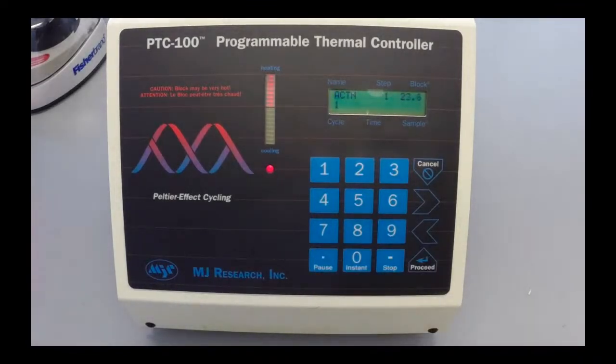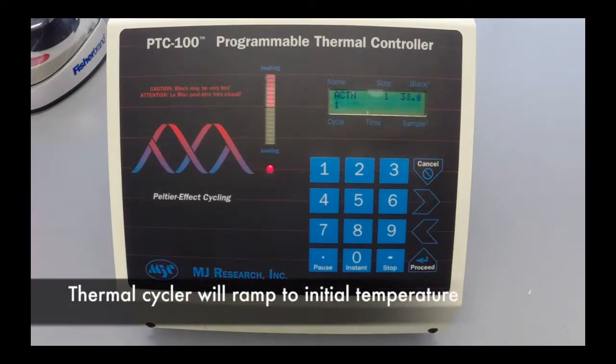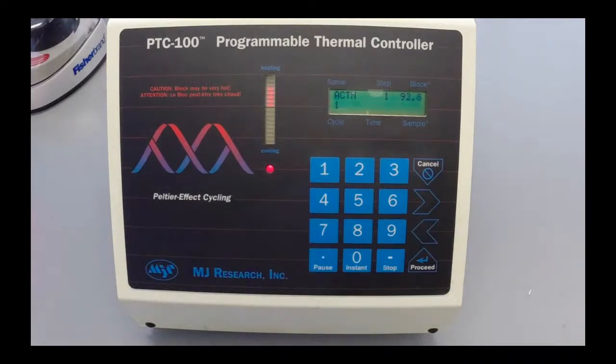The thermocycler will ramp to the initial temperature and begin timing the incubation. It is good practice to make sure the machine reaches this step with no errors. After it has initiated properly, the machine can be left while the reaction proceeds for several hours. Once the run is complete, the cycler can be turned off by simply flipping the switch in the back of the machine.